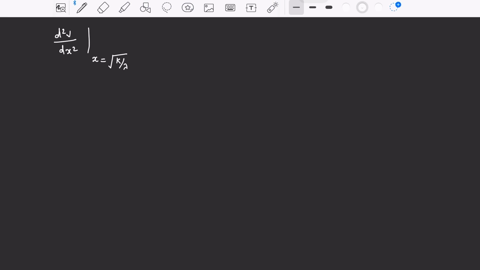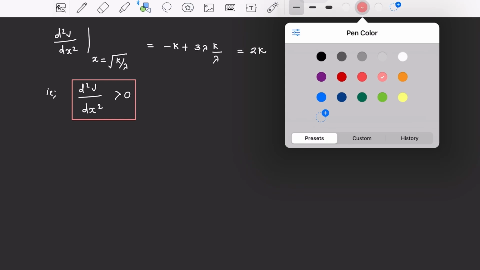Now at x is equal to root of k by lambda, our d square V by dx square becomes minus k plus 3 lambda k by lambda, that is 2k. Since k is a positive value, this second derivative is greater than 0, and when it is greater than 0, x is equal to root of k by lambda is a stable equilibrium point.